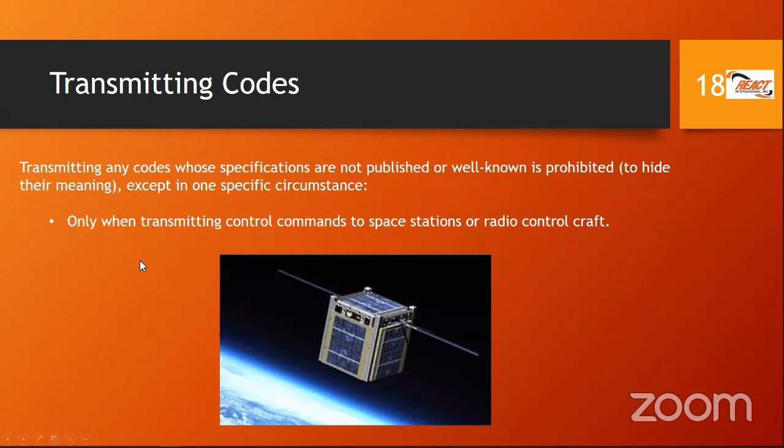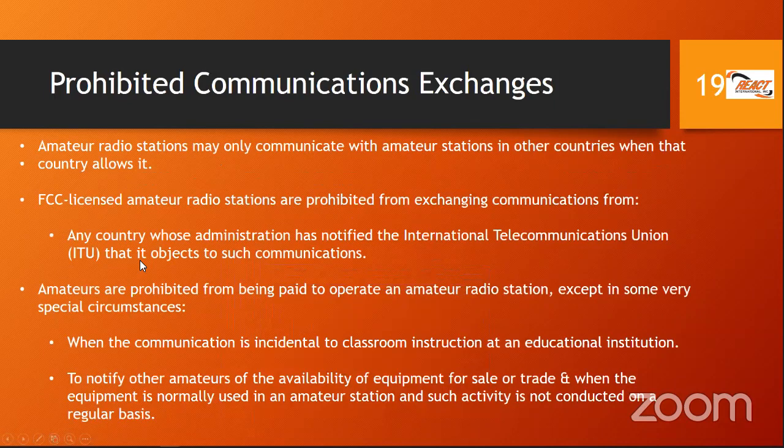All right, moving along. Also, prohibited communications exchanges. As an amateur, we can communicate with other countries, but it must be that the other countries allow you to communicate with their country. It's a subtle point, but we need to take note of it. We also need to know that as an FCC licensed amateur operator, you are prohibited from exchanging communication with any country that has notified the ITU that it objects.